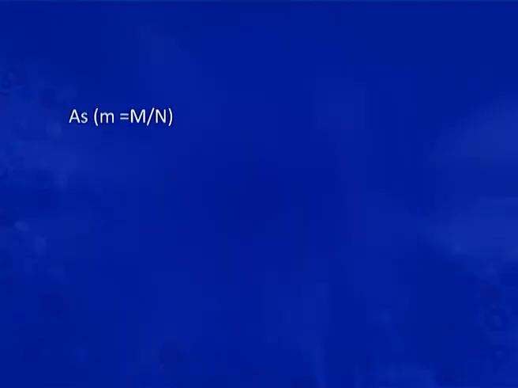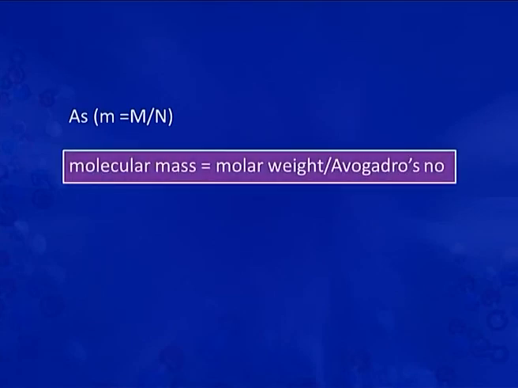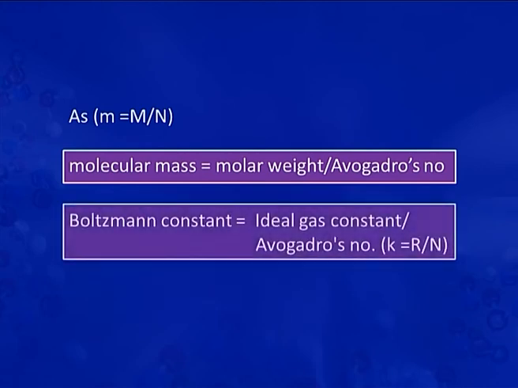As we know that m is equal to M by N, molecular mass is equal to molar weight by Avogadro's number. So, Boltzmann constant is equal to R by N, that is ideal gas constant by Avogadro's number.